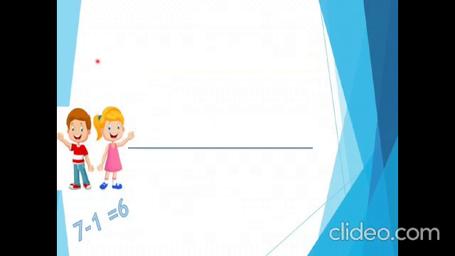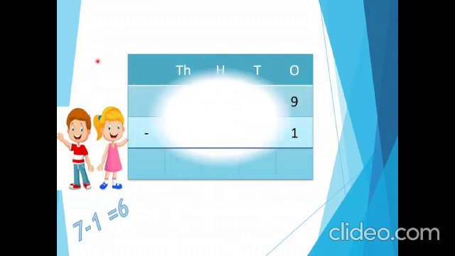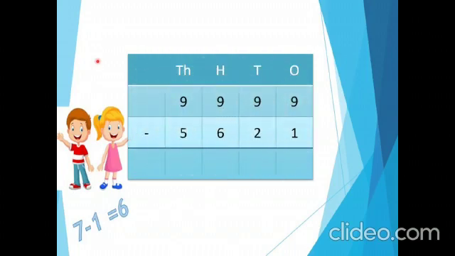To do subtraction, first let's arrange the numbers according to the place value chart. Here I have done that, and let's start subtracting from 1's column. In 1's column, 9 minus 1 is 8. Moving to the 10's column, 9 minus 2 is 7.